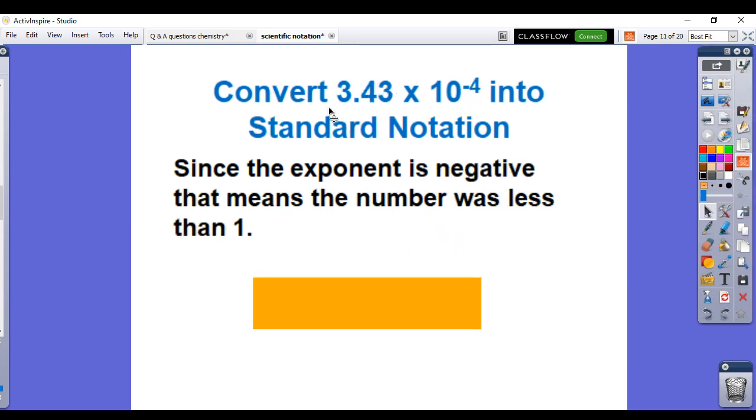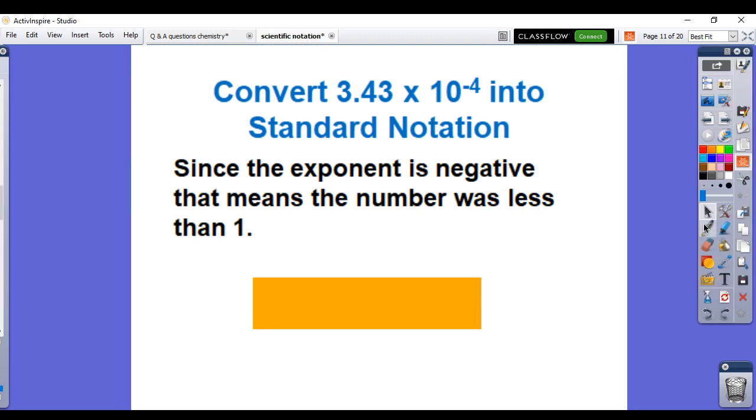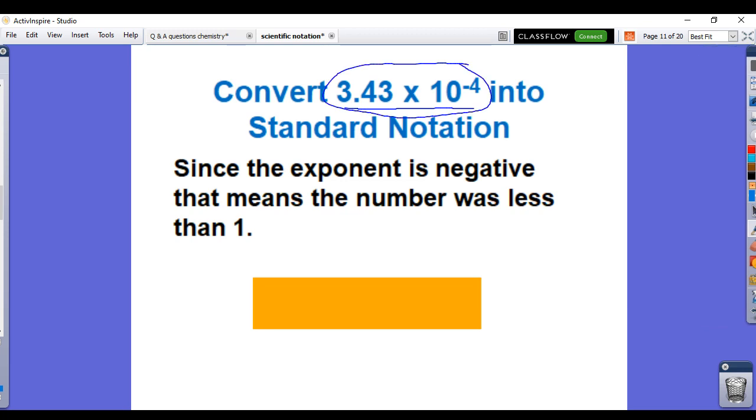And then here we want to put this back into standard notation. So this is scientific notation, but we want to put it into standard. So since we have a negative exponent, that means that this number was less than 1. So that means your decimal moves to the left.